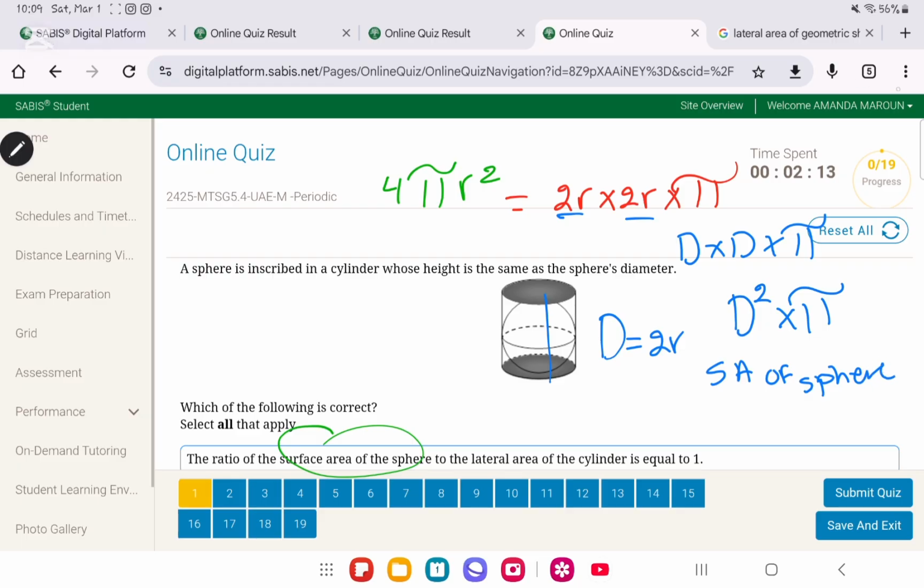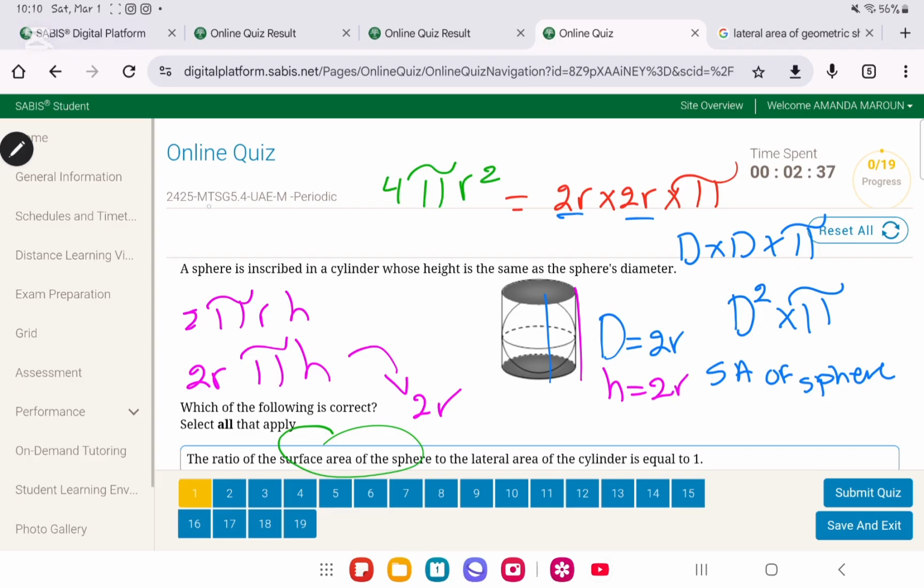Now, for the lateral area of the cylinder, the lateral area of any cylinder is 2 pi r h. So if you rearrange it a little bit, it's going to be 2r pi h. We know that h, again, as we said, is 2 radius because the diameter and the height are the same. So height is equal to 2 radius.